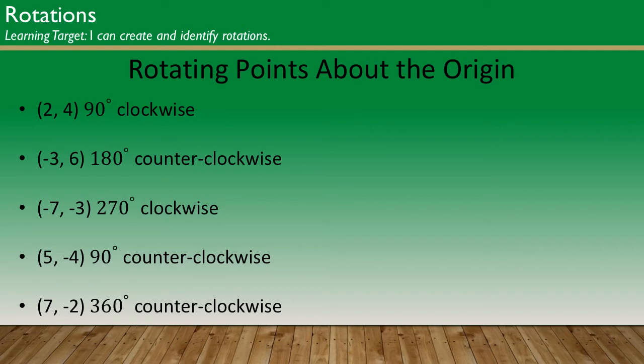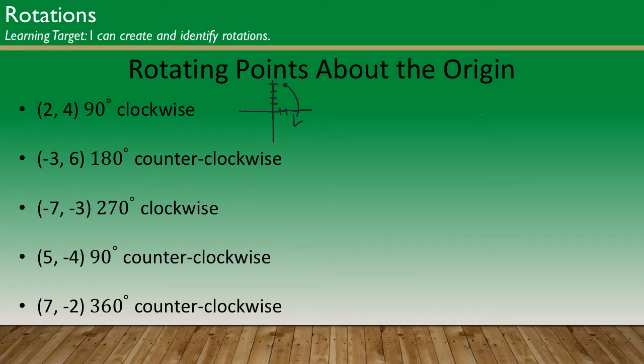Now if I wanted to rotate something 90 degrees clockwise, let me just plot this point. It's a lot easier if you just draw a picture. I have this point right here at 2, 4. Ninety degrees clockwise means I'm going to move one quadrant to the right, so I'm going to move to this quadrant.